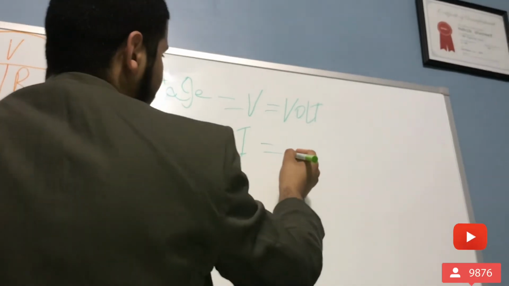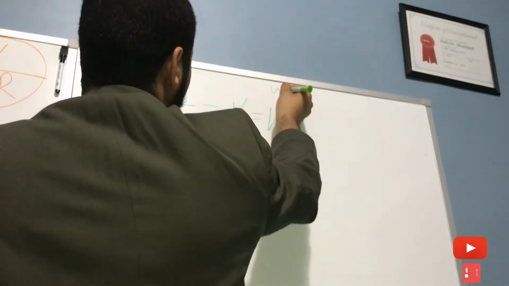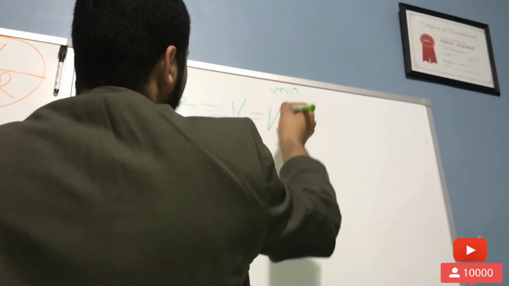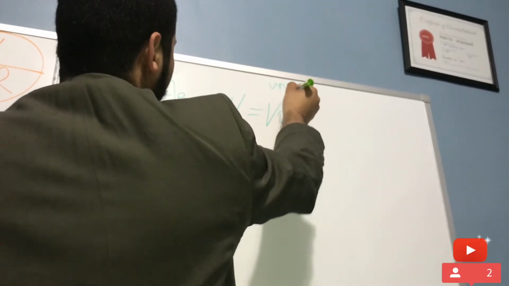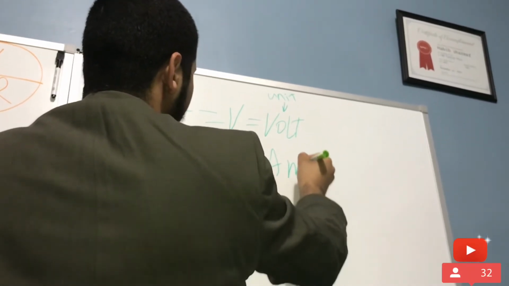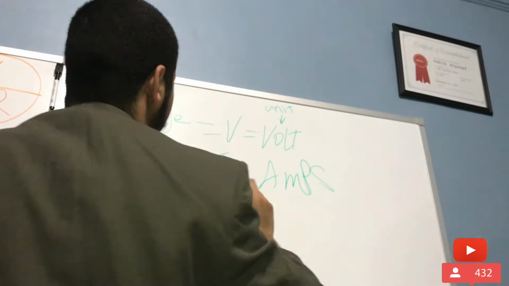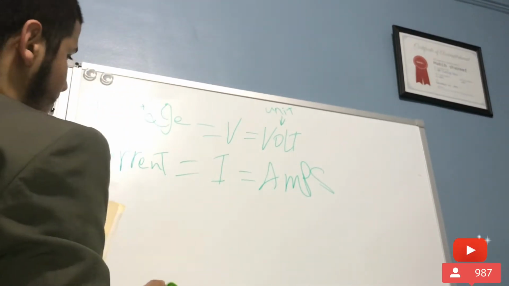And the I, the unit is amps. That's the unit for this one. I'm going to put amps in here. It's A.